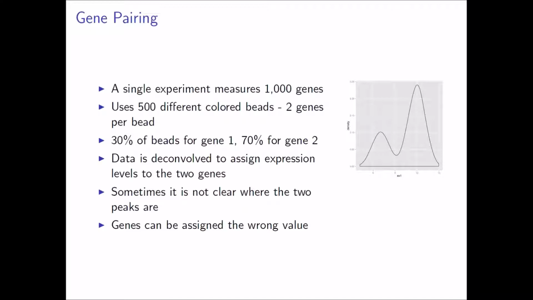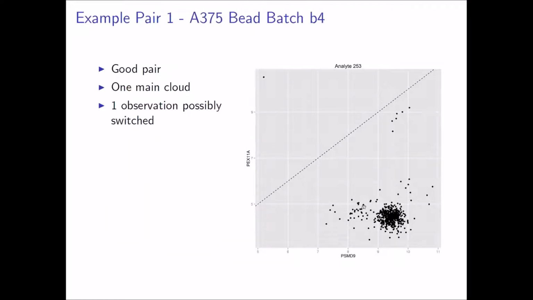They get put together, or due to sampling, one peak doesn't show up very strongly. In addition, there's a gene flipping issue where the expression level for gene 1 can be assigned to gene 2 and vice versa.